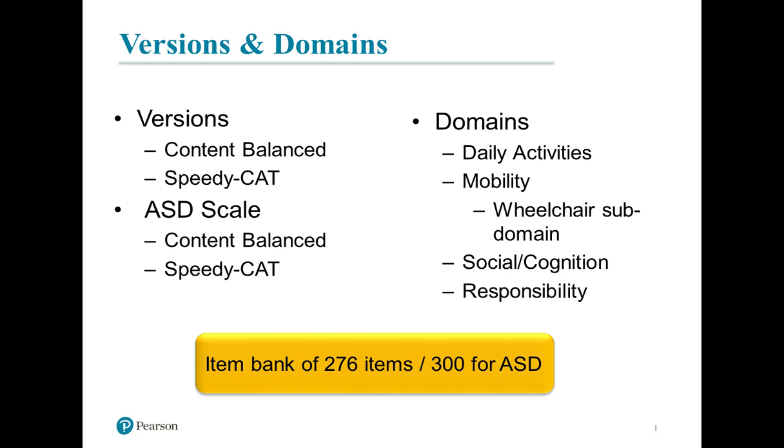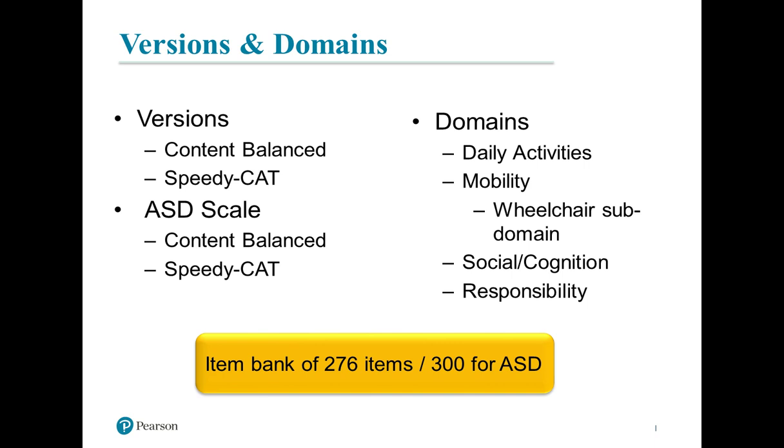And those directions are unique to the characteristics of children and youth with autism. And it also includes a few additional items or revised items in certain domains, those domains being daily activities, social, cognitive, and responsibility. There's also some additional scaling within the ASD scale. And again, that reflects the unique patterns of this population.